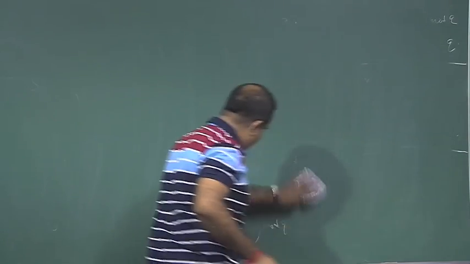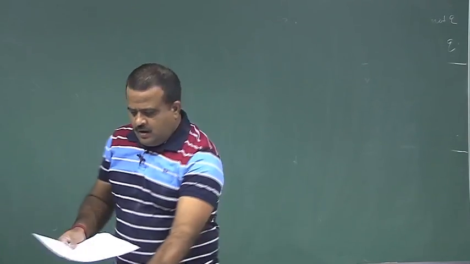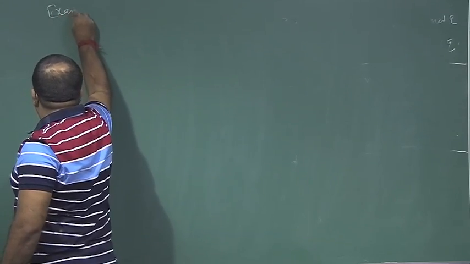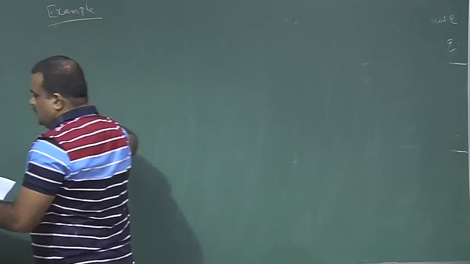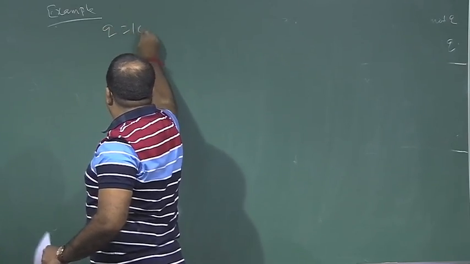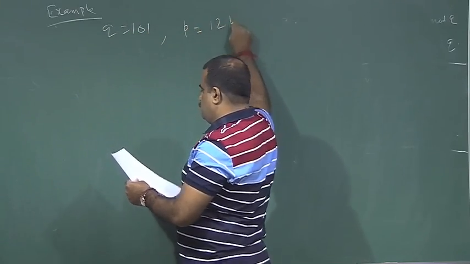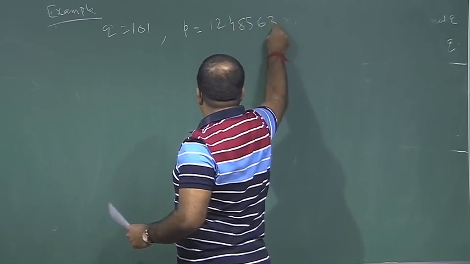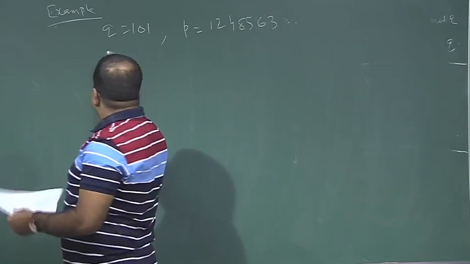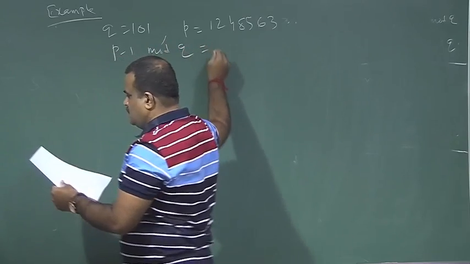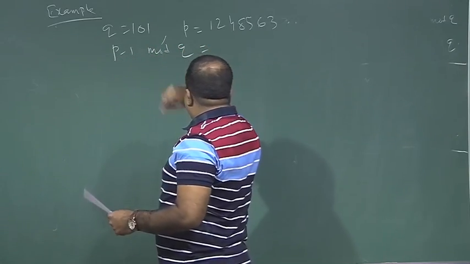Okay. So, suppose we choose q is equal to 101 and p is equal to 1248563. Then we can easily check p minus 1 mod q is basically 0.